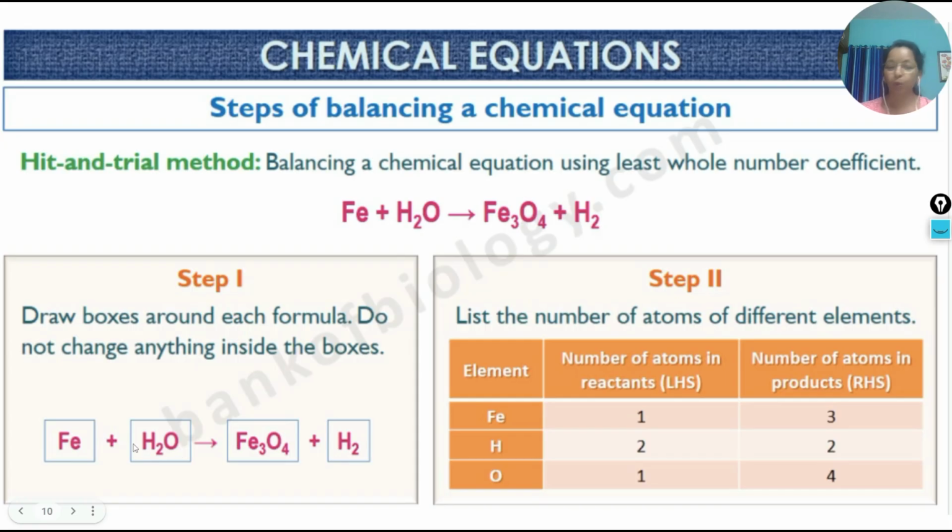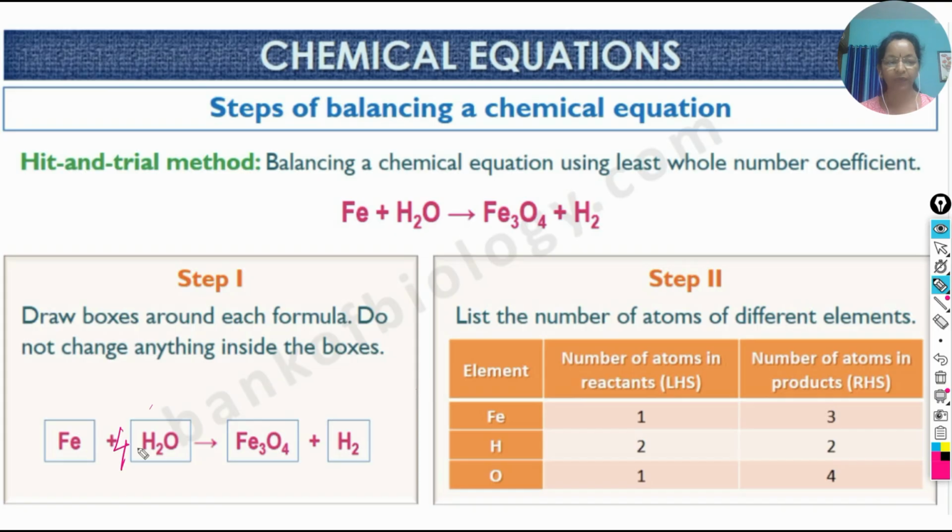For that, we can write 4 over here, but not inside, outside the box. We wrote a 4 over there, and now this 4 is multiplied by H2O.